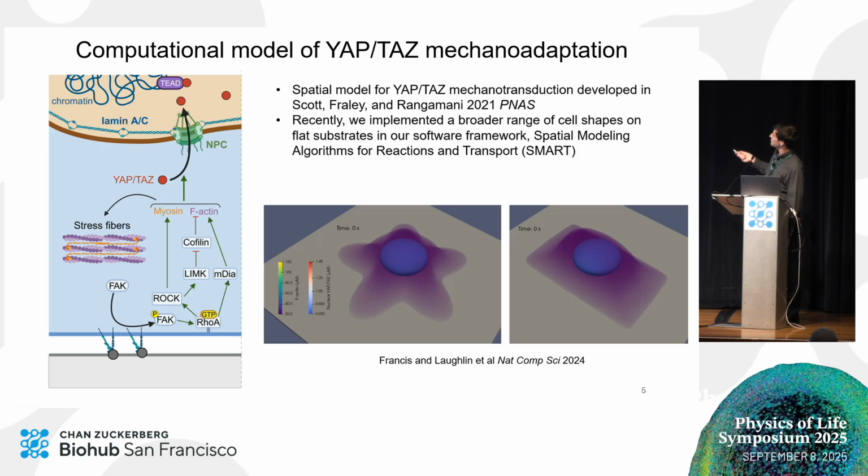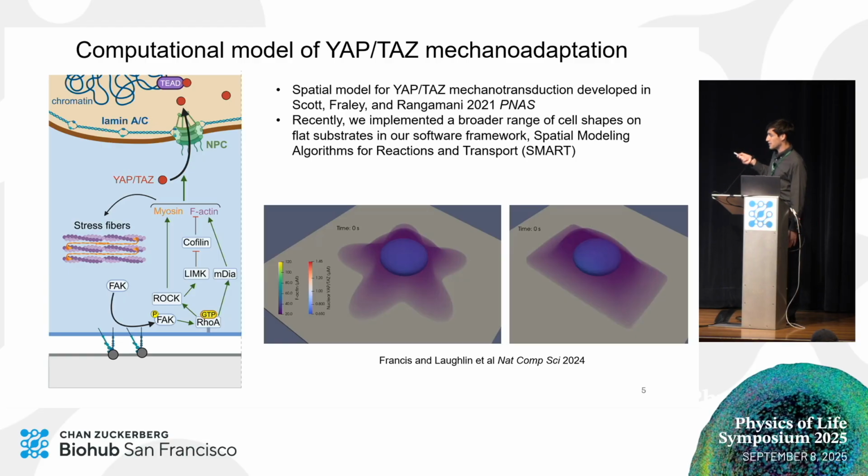And one example that we looked at in the original paper that we put out with our framework is this mechanotransduction network, which many of you may be familiar with, where we start with some sort of event at these integrin binding regions at the cell membrane, which leads to phosphorylation of focal adhesion kinase and eventually activation of the cytoskeleton, which will then free up YAP-TAZ within the cytosol and allow these molecules to move into the nucleus. The reason that we care about this is that YAP and TAZ will bind to TEAD molecules within the nucleus and induce transcriptional changes within the cell.